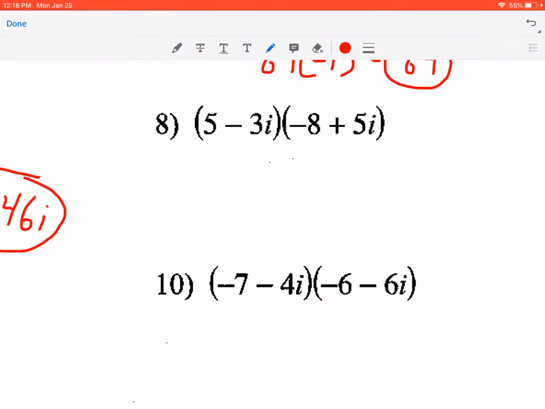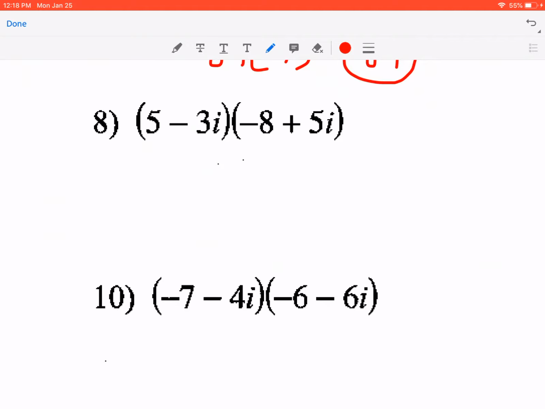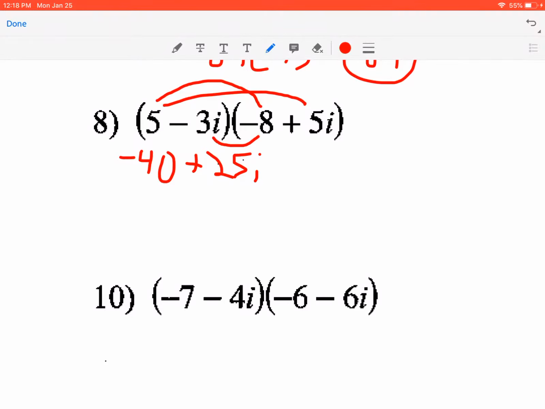All right, look at number 8. Same thing. FOIL, negative 40 plus 25i, negative 3i, and a negative 8. That's plus 24i. Negative 3i, positive 5i, that's minus 15i squared.